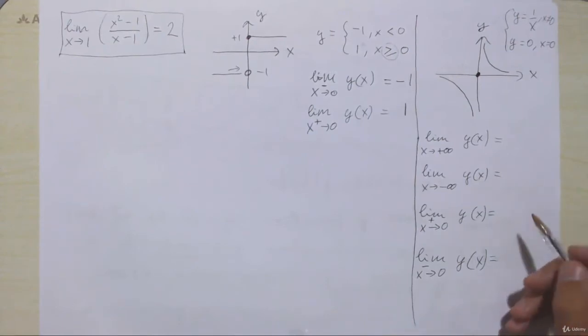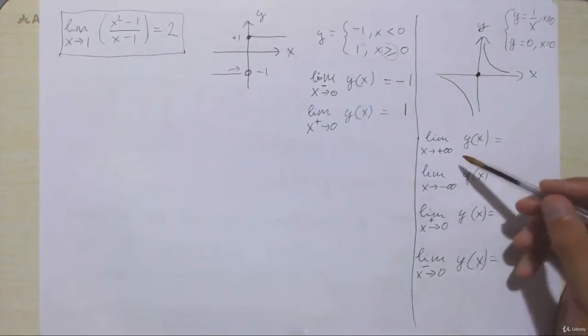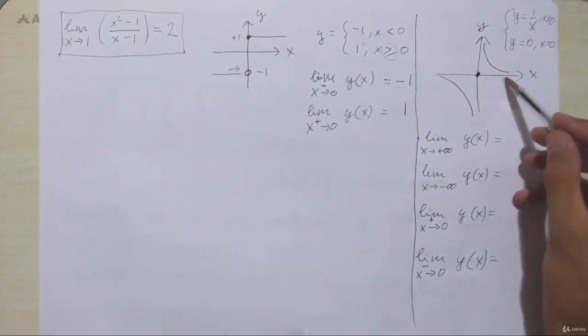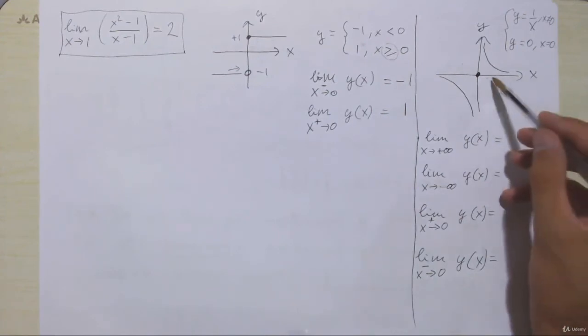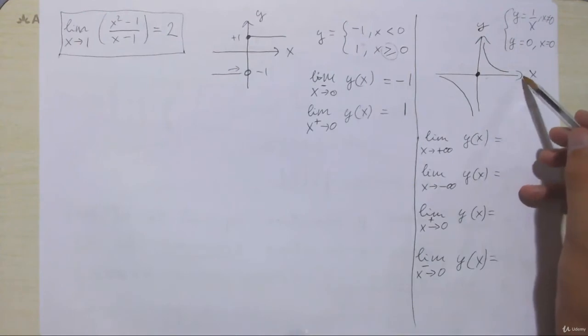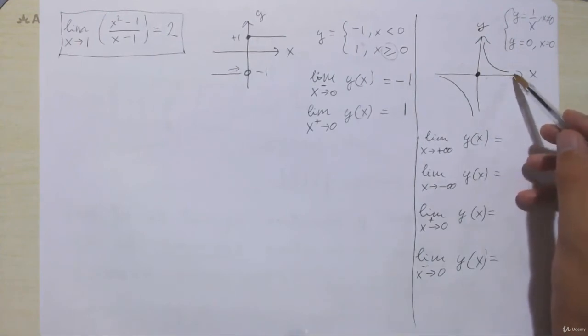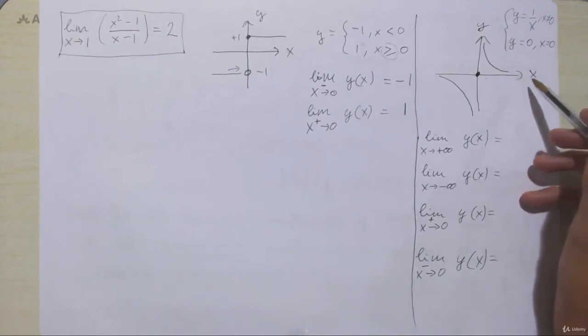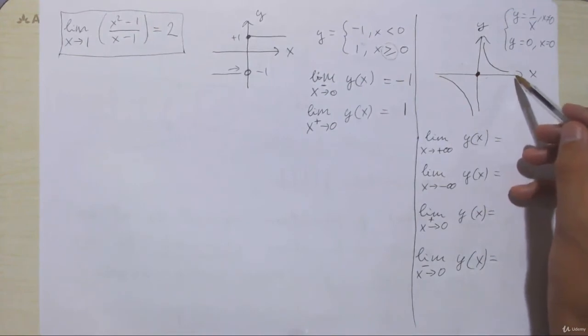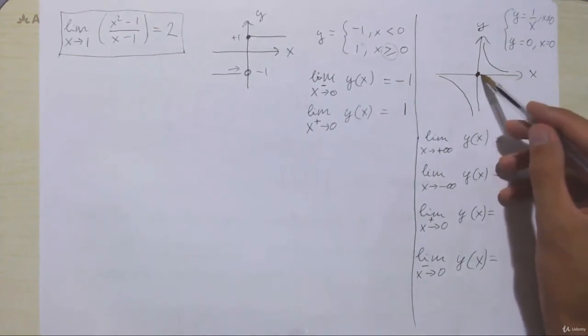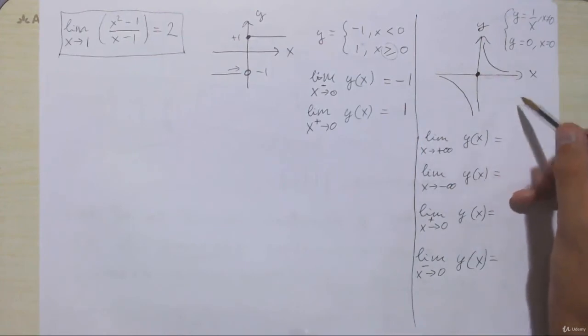Well, if x approaches infinity, which means it goes an infinite distance in the direction of x, then you can see that the function would approach 0. It would never touch y equals 0, but it would approach y equals 0.